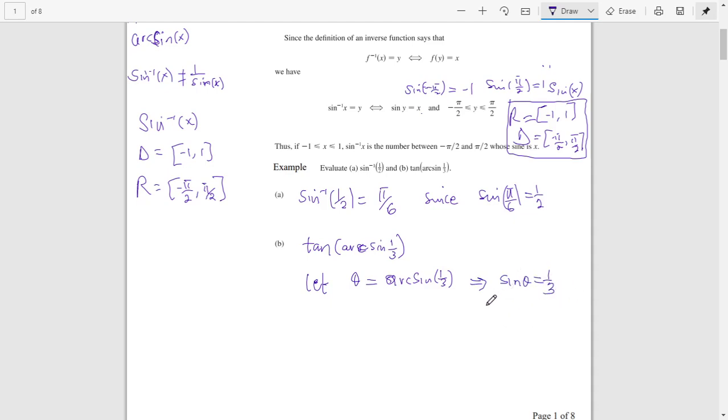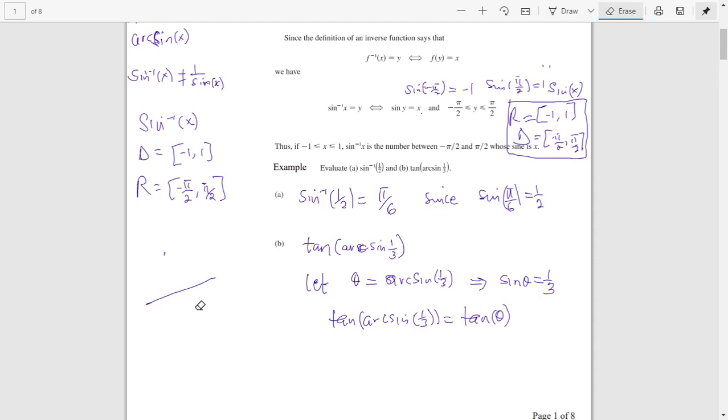So if that is the case, then I can now say that tangent of arcsine of 1/3 is just going to be equal to tangent of theta. This makes my work easier because if my sine is 1/3, I can draw a right angle triangle, maybe that looks like this.